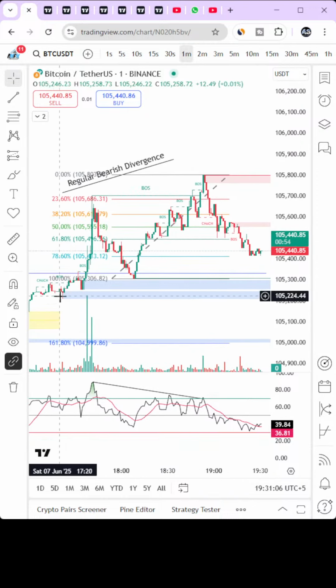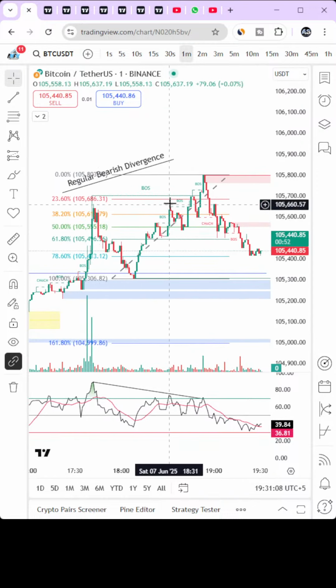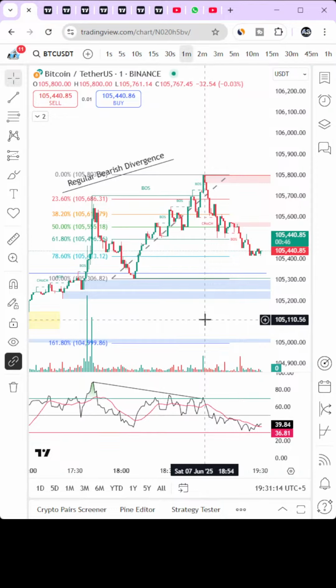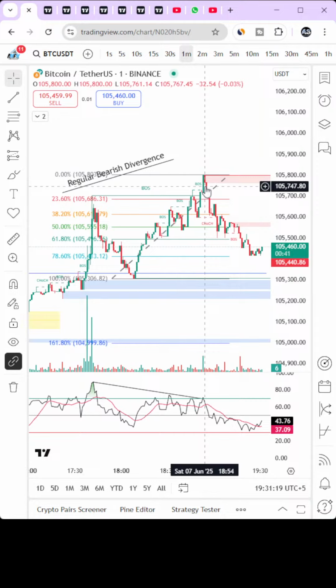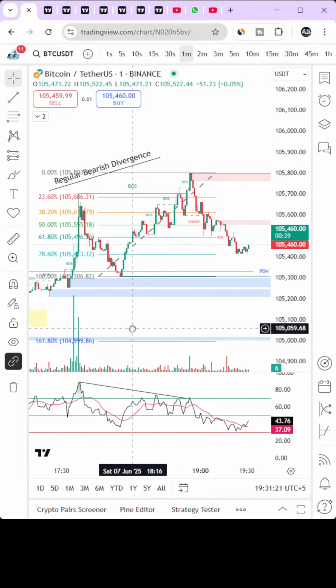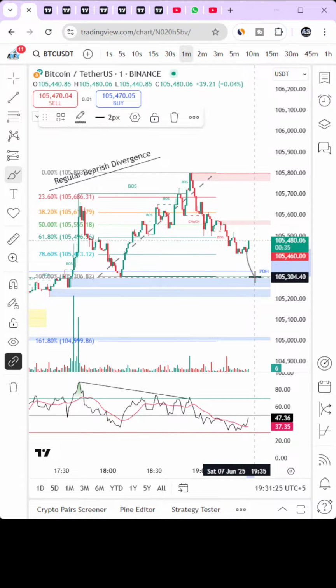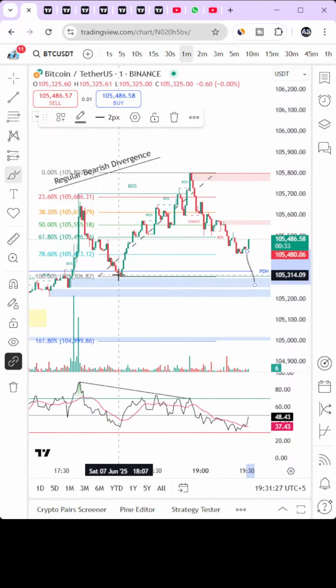It means the market was going and making the higher highs and higher lows. Whenever the market has to change its direction, its trend, it makes a change of character. For that purpose it has to close any bearish candle under this level.